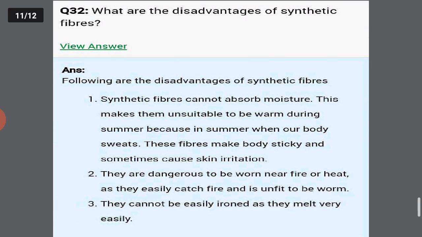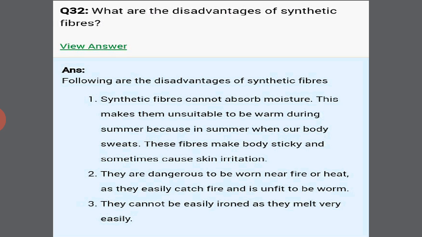Now, what are the disadvantages of synthetic fibers? Okay, we will discuss some harmful effects of synthetic fibers in this particular question. So the answer is, following are the disadvantages of synthetic fiber. First, synthetic fibers cannot absorb moisture.